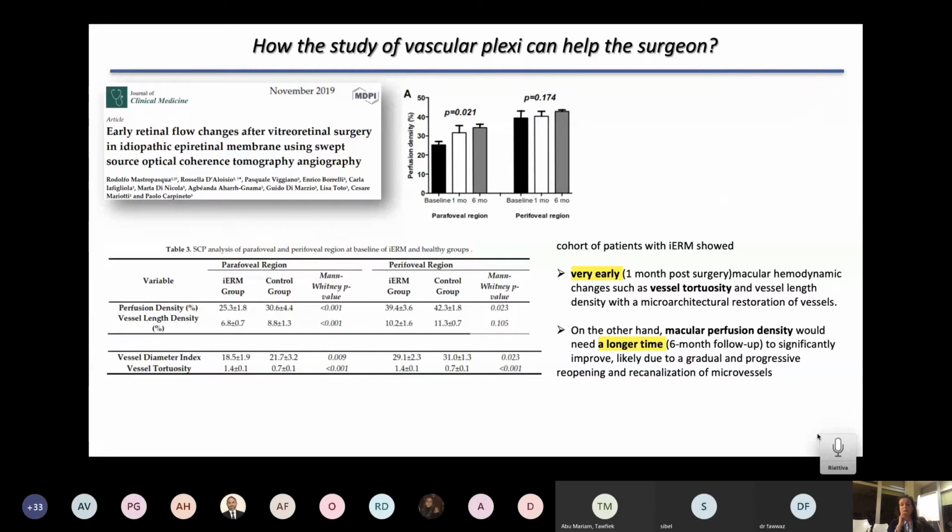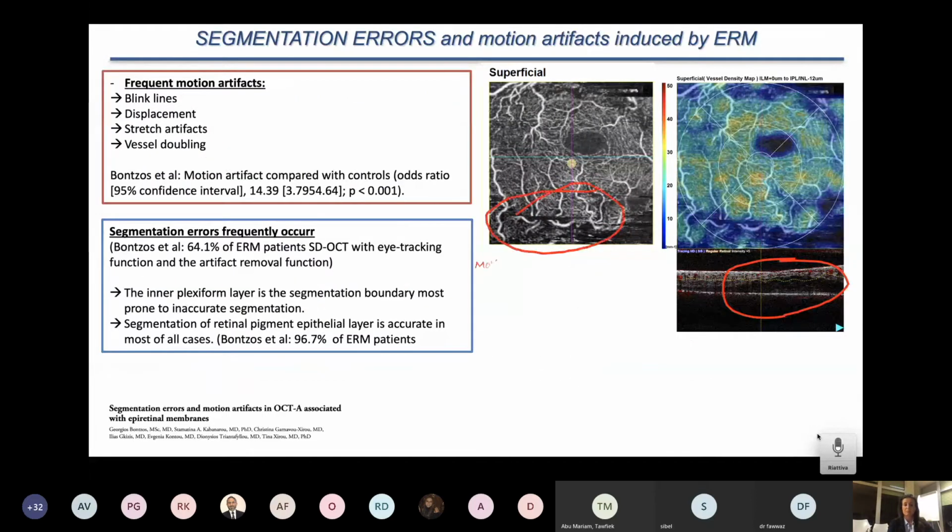We can see very early changes such as vessel tortuosity reduction, and on the other hand, we have longer effects with macular perfusion density recovery that need a longer time, likely due to a gradual and progressive reopening and the recanalization of microvessels.